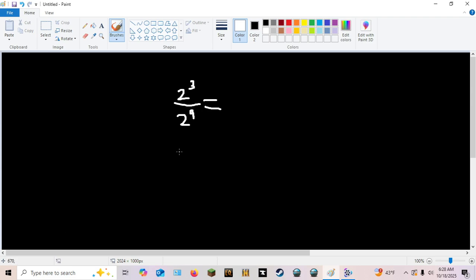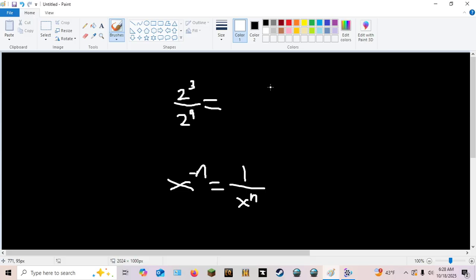So you gotta use this property. x raised to the negative n equals 1 over x to the n. It takes the reciprocal of that, and while taking the reciprocal of it, the signs flip.